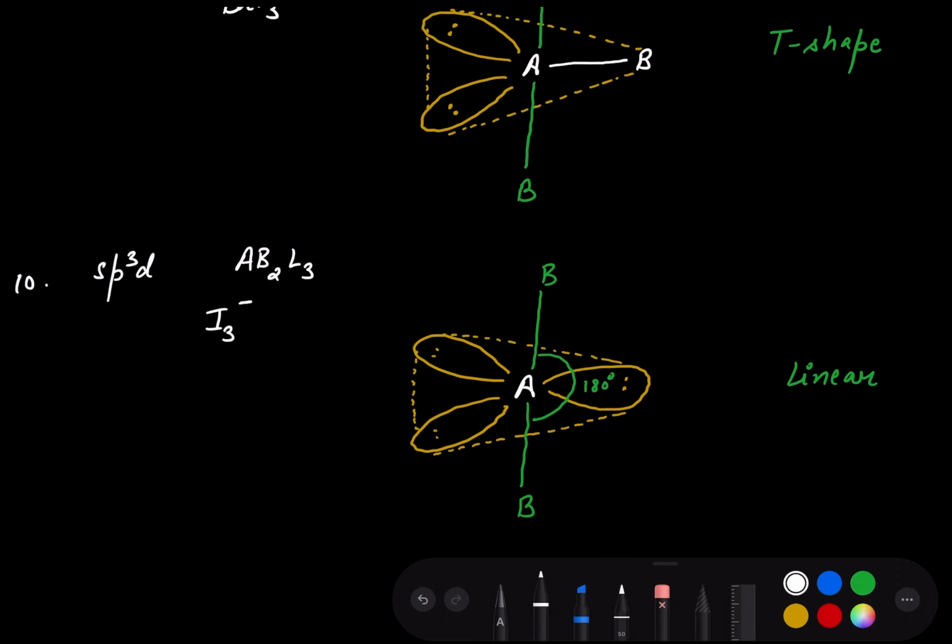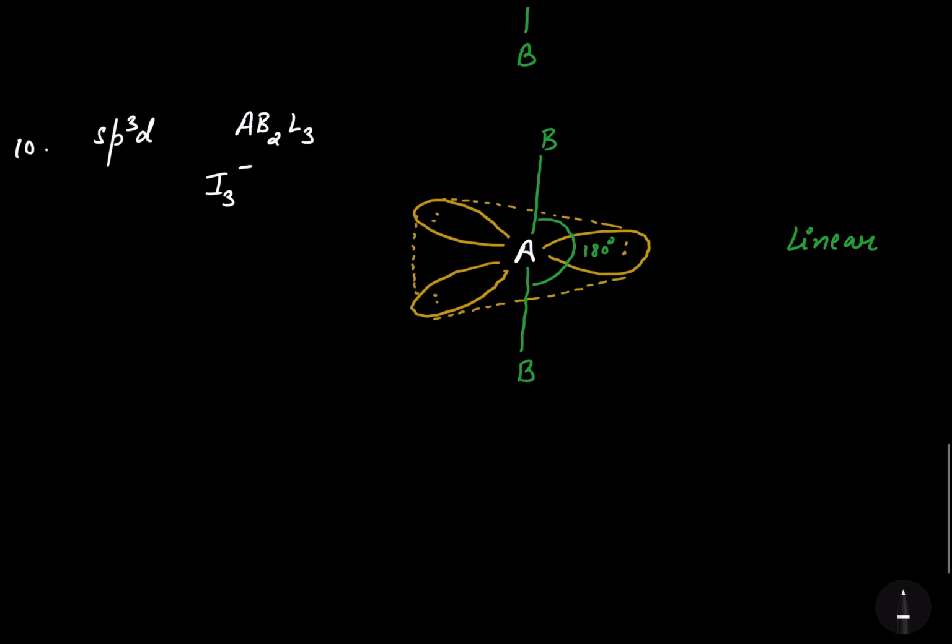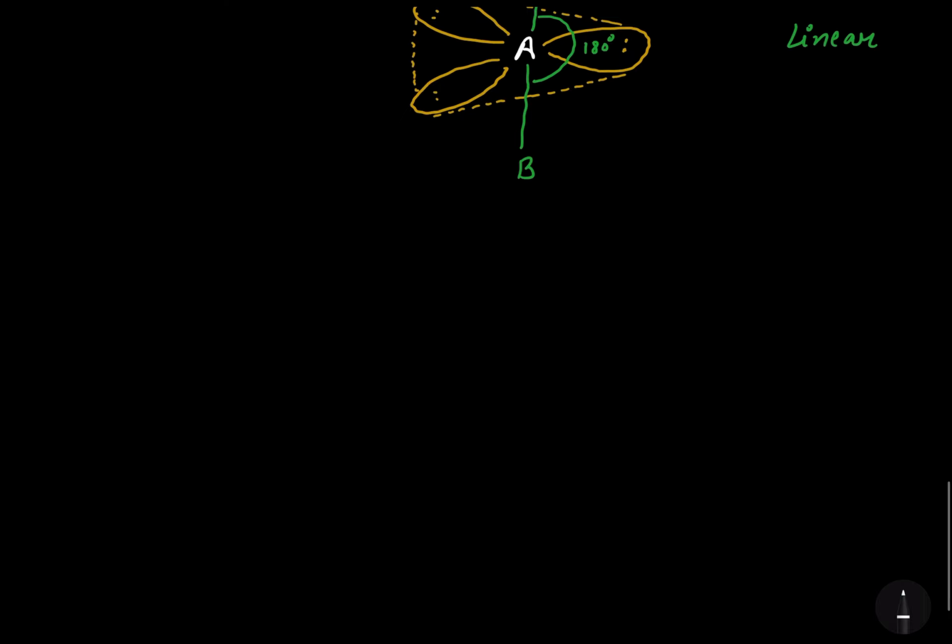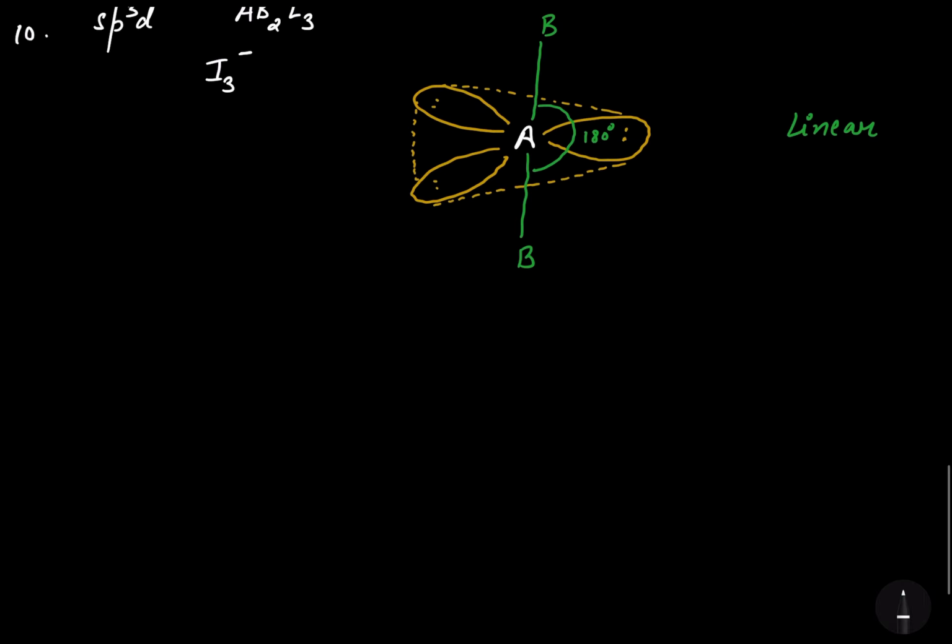Now let's talk about the next type of hybridization, that's sp3d2. Now the 11th one is sp3d2. The general formula of the compound showing sp3d2 is AB6, and I'm taking the example of SF6.